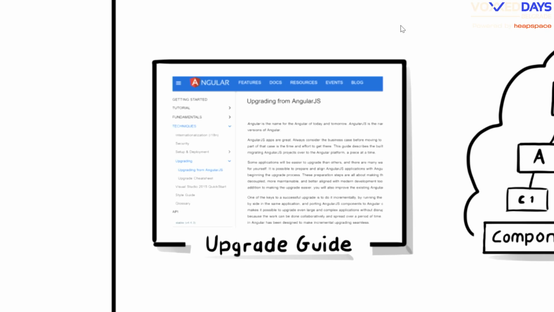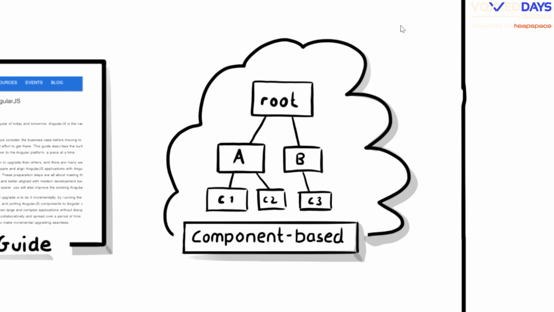And for us, the most important point about the preparation is the component-based architecture. There are other topics like going to TypeScript or using Webpack or whatever, but it's not necessary. But I think the component-based architecture is necessary to actually do a migration. It's really difficult without a component-based architecture.